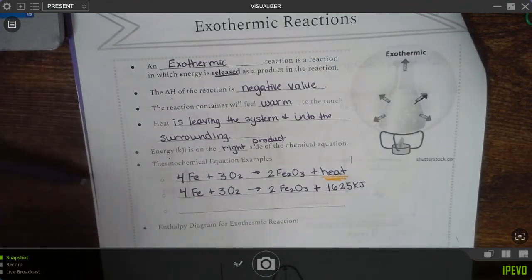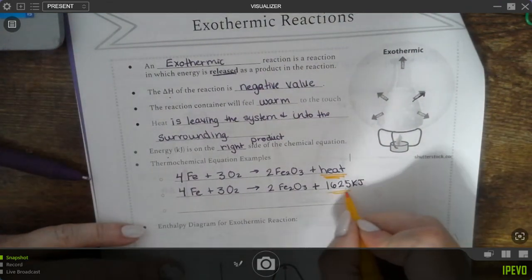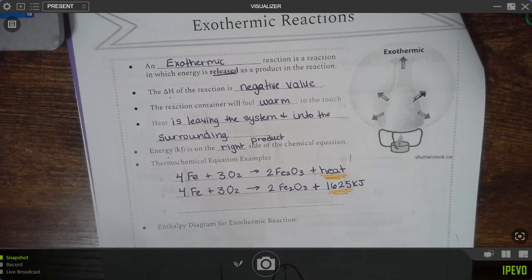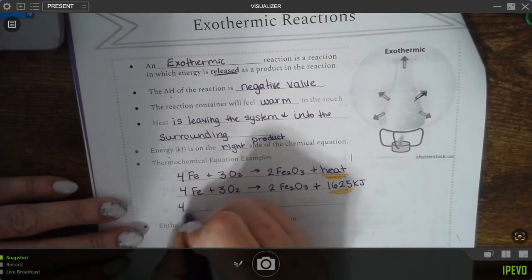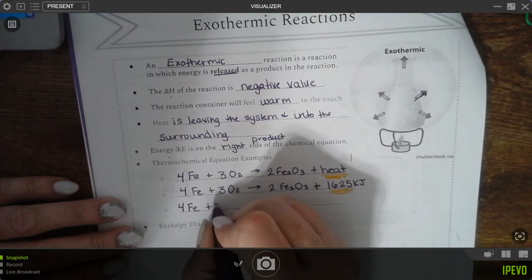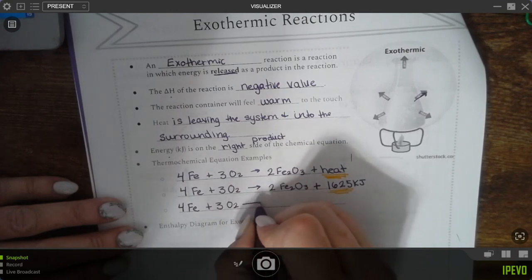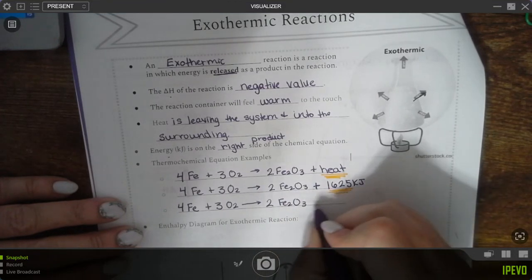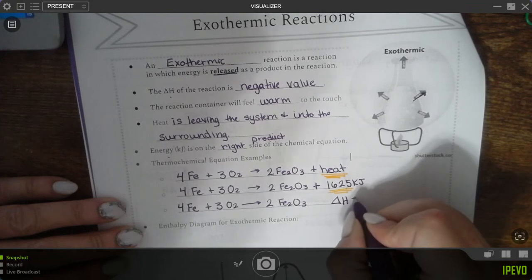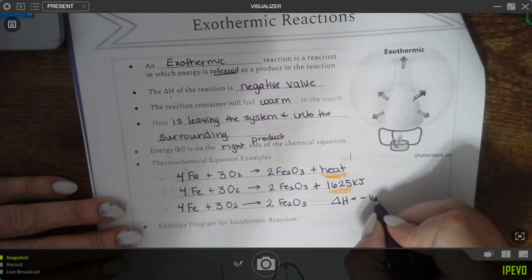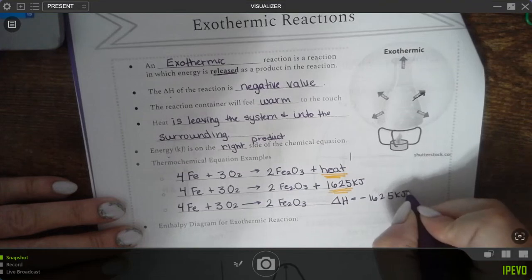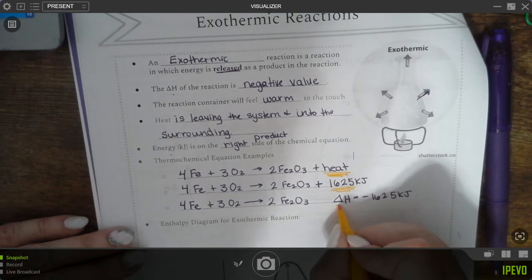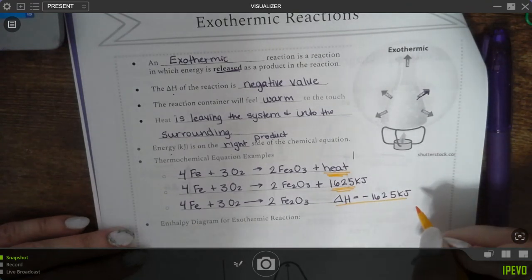That amount, again, is on the product side of my reaction. That tells me it's exothermic. And then finally, we might see it expressed separately from the reaction: delta H is equal to minus 1625 kilojoules. So we might also see it expressed just as a statement in addition to our chemical equation.